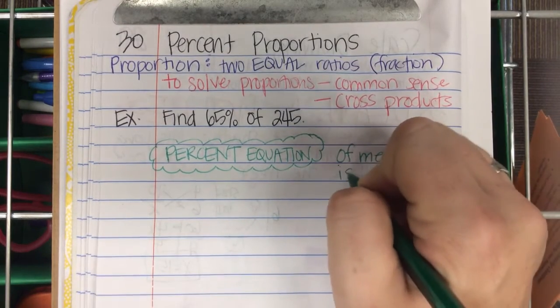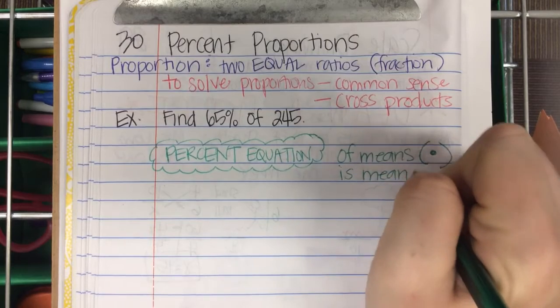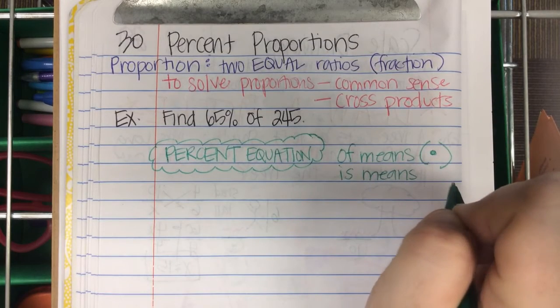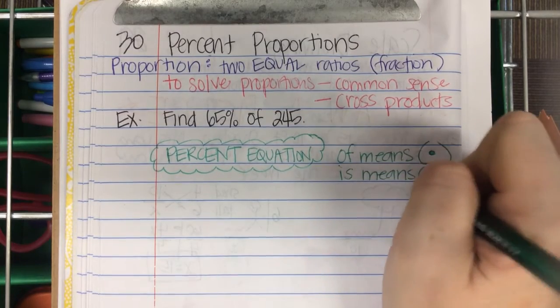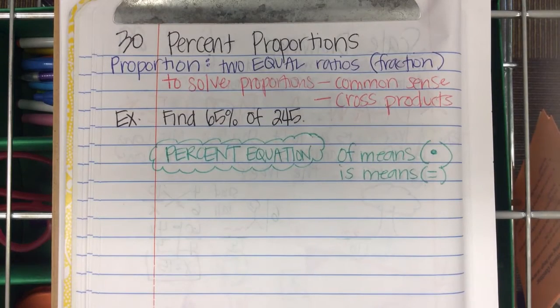The word is means what? Equal. So the word of means multiply, and the word is means equal.